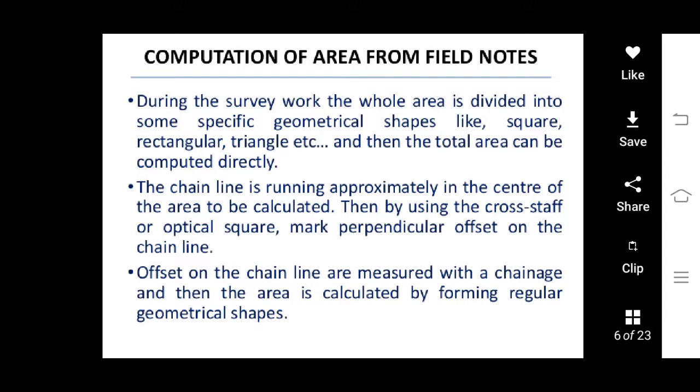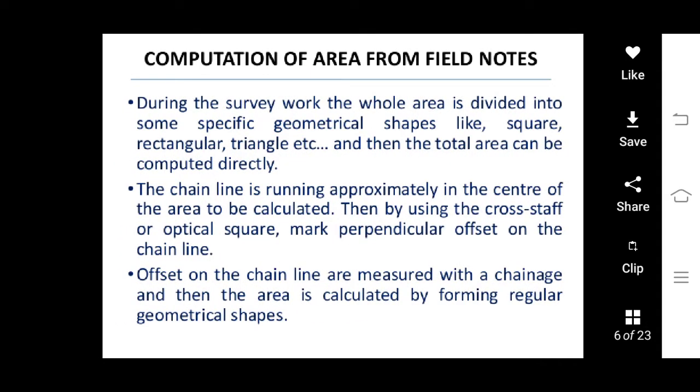Then, by using the cross staff and optical square, mark perpendicular offsets on the chain line. Offsets on the chain line are measured with the chainage, and then the area is calculated by forming regular geometrical shapes in the form of triangles, rectangles, etc.